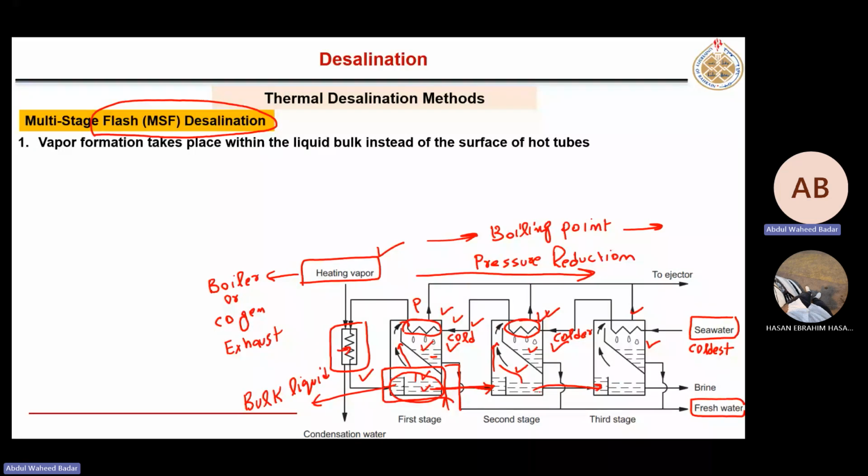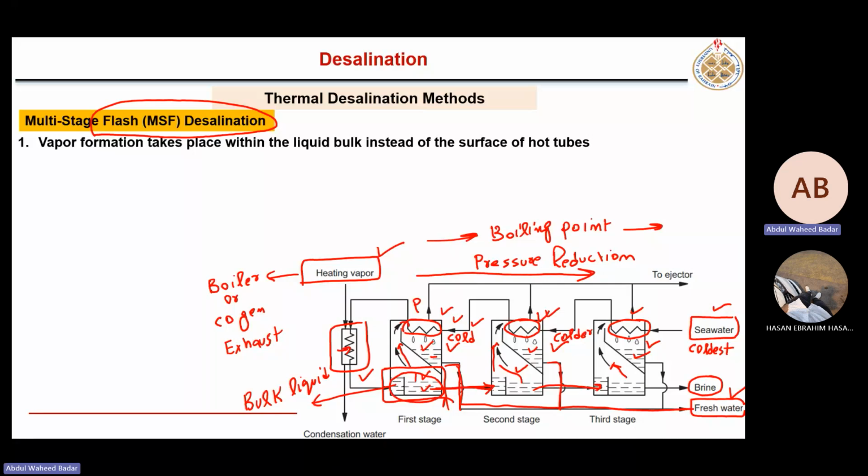Whatever brine is left here will enter into the third stage where pressure is lowest. So now some more water will evaporate at the lowest temperature, and it will come in contact with the coldest seawater, right? So whatever water vapor is evaporated, it will be condensed. All of these condensates will be collected, and this is the fresh water. And here is the concentrated brine, which is separated.